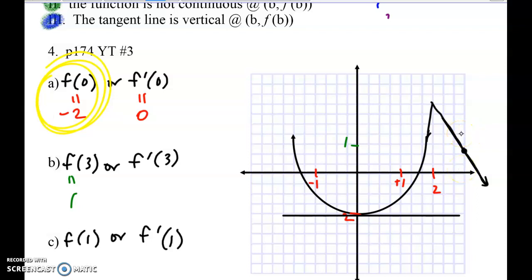So if I find the slope here, 3 down, 2 over, negative 3 over 2, I would say the larger is f of 3, which is 1. You can do C on your own, and you can see the assignment there.